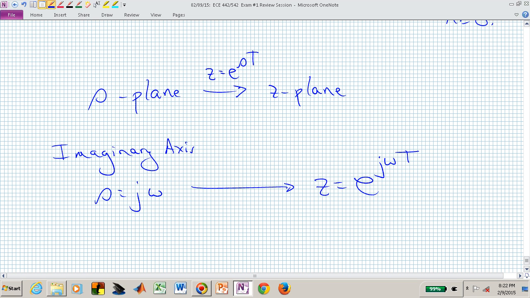Right? This should convince you that the imaginary axis in the S-plane does map into the unit circle in the Z-plane. And that's your stability boundary. Your stability boundary in the Z-plane is this unit circle, just like the imaginary axis is your stability boundary in the S-plane. We will use this a lot later when we start looking at second-order system response and where that corresponds to in the Z-plane.